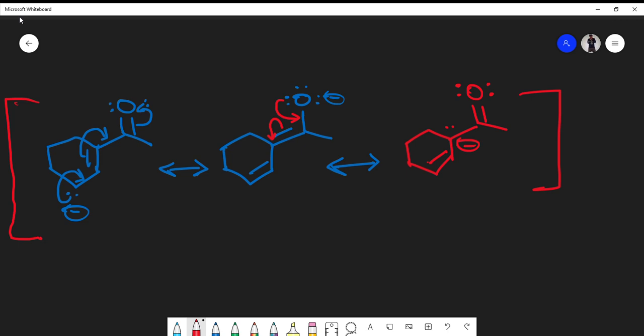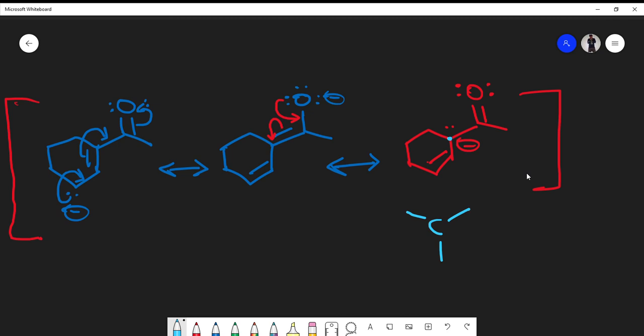Now, if you can't see this, think about this being a carbon in the middle. I have a carbon that has a bond, which I'm representing right here, another bond represented right here, and another bond represented right here.